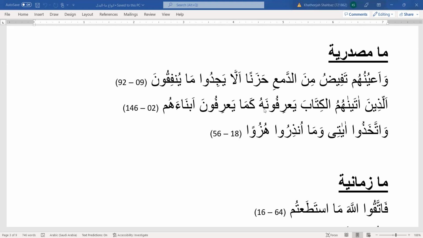They recognize him. Ka means as. This ma is separate. This ma is ma masdariya.